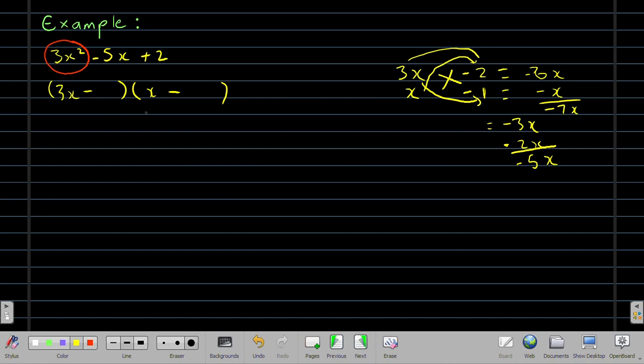The way I always think about it is, since here 3x has to multiply with -1, that means that the -1 has to be in the opposite bracket, because when you're dealing with products, you're not multiplying within a bracket, you're multiplying across brackets. So whatever you're multiplying with has to be across the bracket. And then here the x has to multiply with -2, so that will be in here. And just like that, we have it factorized. All right, let's keep going.